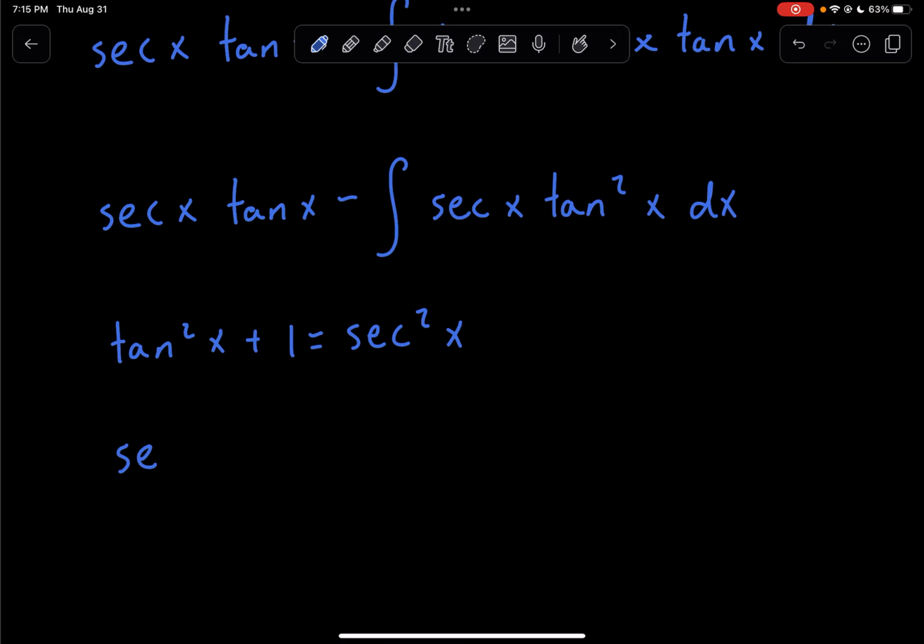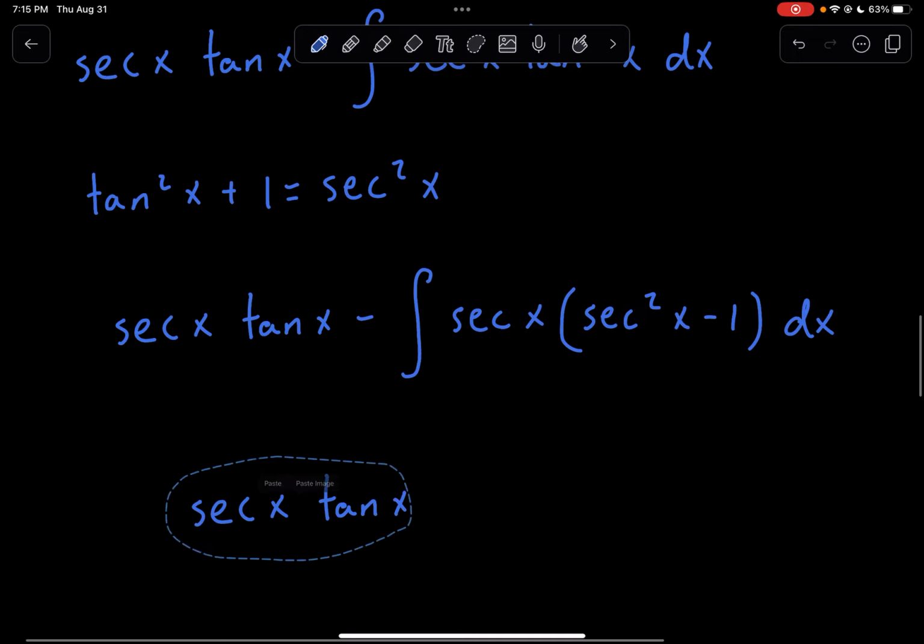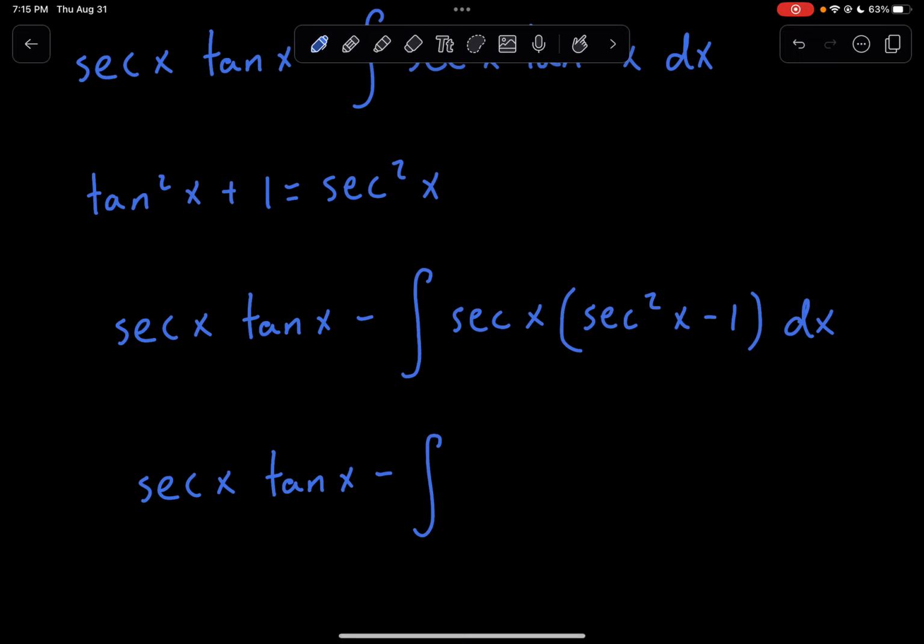So now we get to secant x times secant squared x minus 1. And multiplying the secants out, we get that this is the integral of secant cubed x minus secant x.